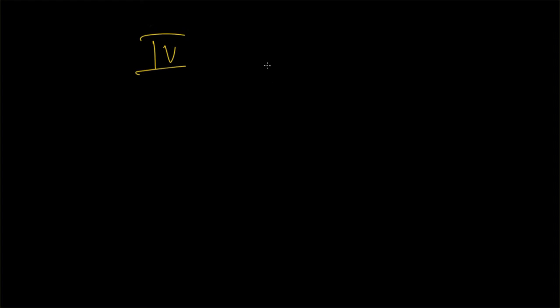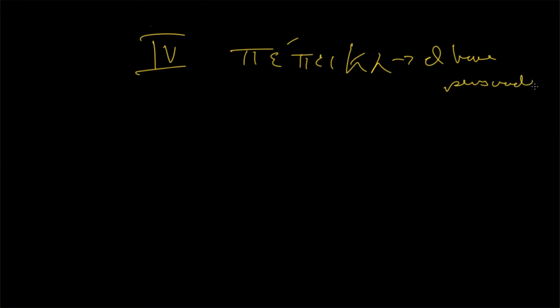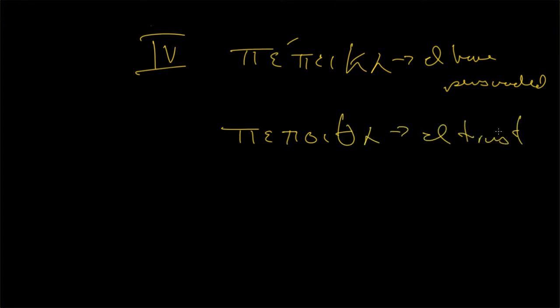We've got the first, which is pepeika, so that's weak, which was I have persuaded. But if we wanted to talk about the second form, the kind of other, less regular, I suppose, but has a slightly different meaning, was pepoitha, which is I trust.